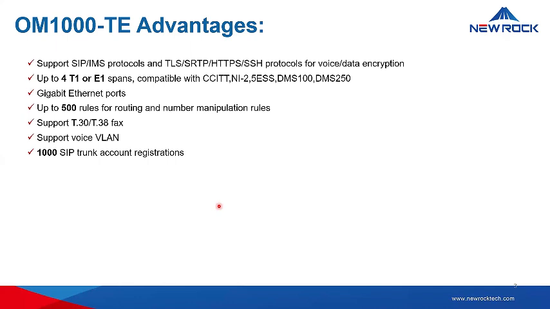Nevertheless, the concurrent calls depend on the number of E1 ports on the device. The maximum is 120 simultaneous VoIP calls. Under full load conditions, we support 120 concurrent calls for 4E1. For 1E1, we support 30 concurrent calls, and for 2E1, we support 60 concurrent calls.